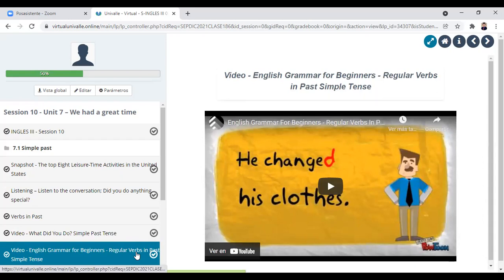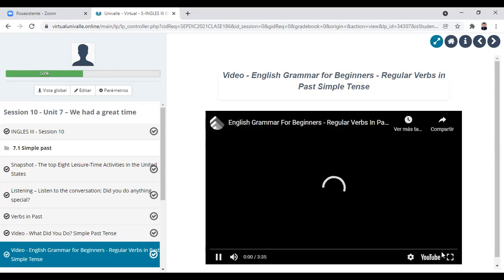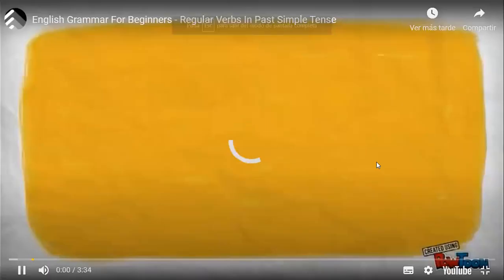Regular verbs are those that have the ending ed at the end of the verb. It's really easy to identify a regular verb, because all of them have an ed at the end of the verb, okay?